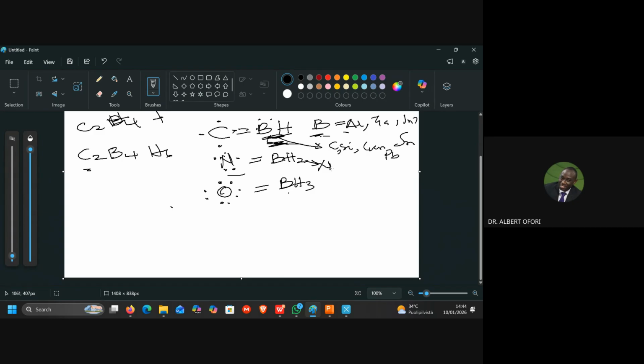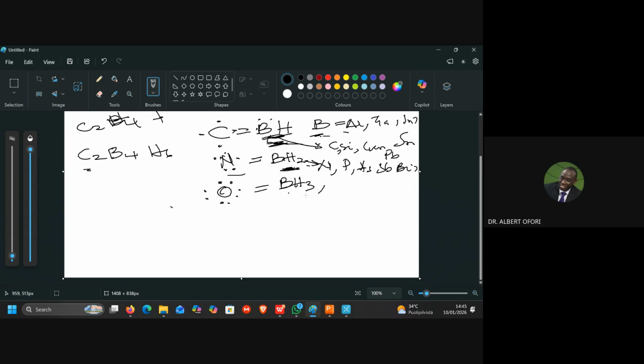Okay. So I'm talking of the nitrogen group: nitrogen, phosphorus, arsenic, antimony, and then bismuth. They are going to have a borane equivalent of BH2.